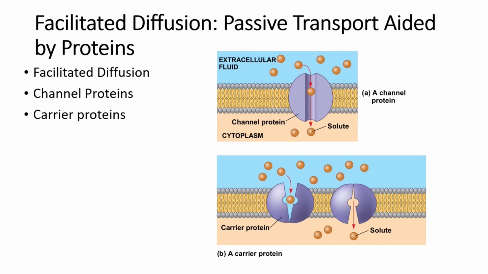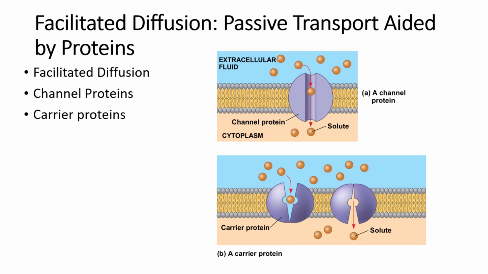So remember that. Carrier proteins undergo subtle changes in shape that translocate the solute binding site across that membrane. You can see the picture on the bottom is that of a carrier protein.